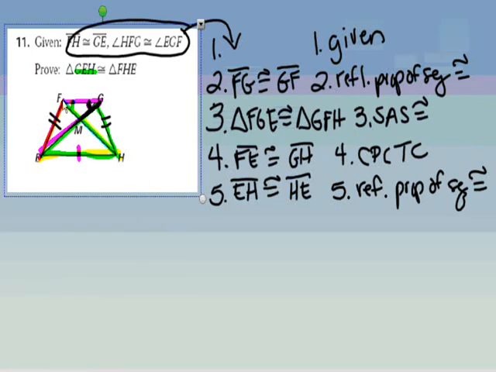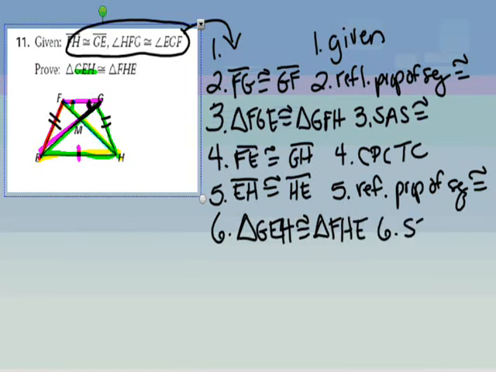Okay, so now I have the first side, which I was given. I have the second side, which I got from CPCTC, and I have the third side, which I got from the reflexive property. So now I have enough sides to go ahead and say that triangle GEH is congruent to triangle FHE, and that is due to side, side, side congruence.